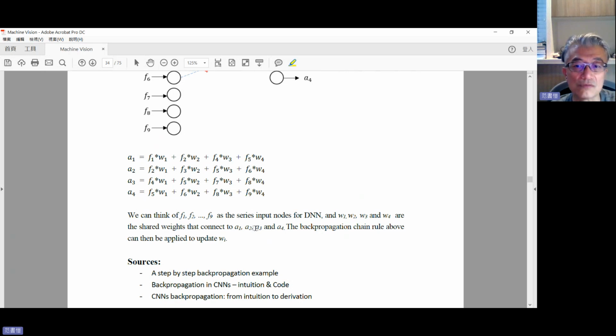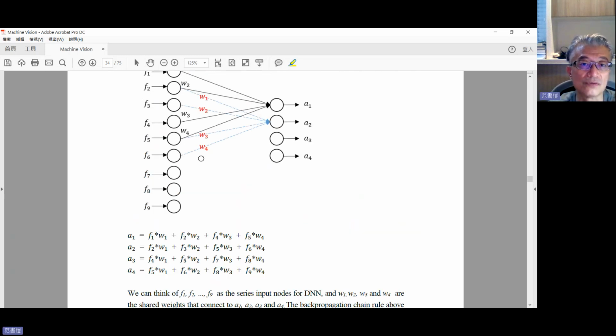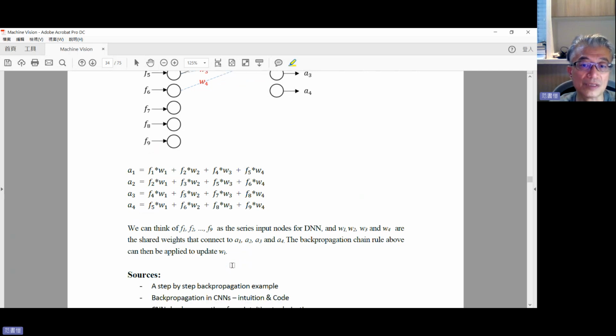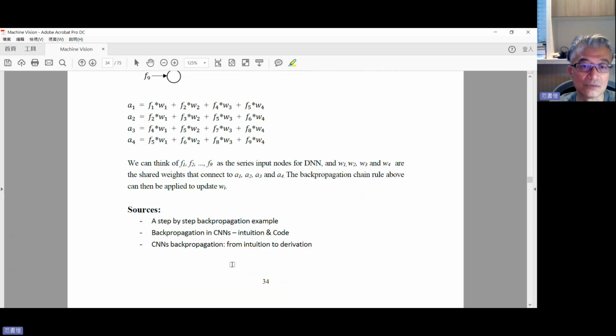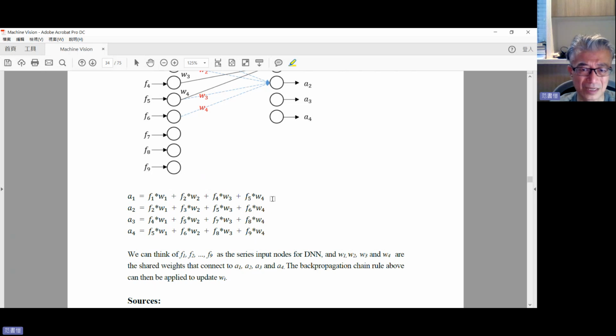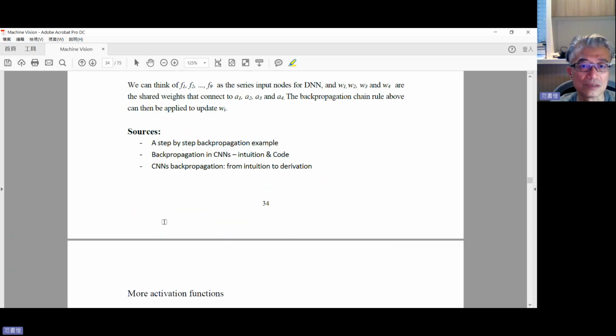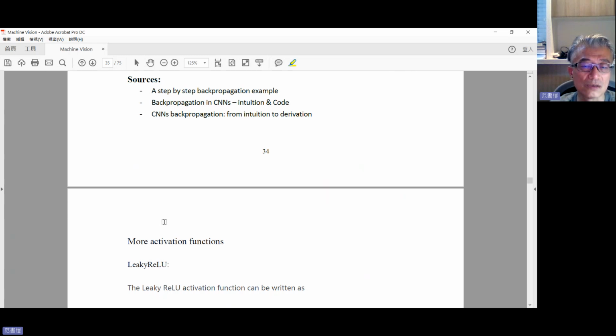So we think of F1, F2 to F9 as serious input. So this is a well-known node for the deep neural network. W1, 2, 3, 4 are shared weights that connect to A1, 2, 3, 4. So the backpropagation chain rule above can be applied to update the Wi. Take the first derivative. There is some source you can find.